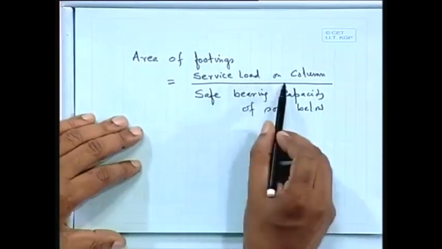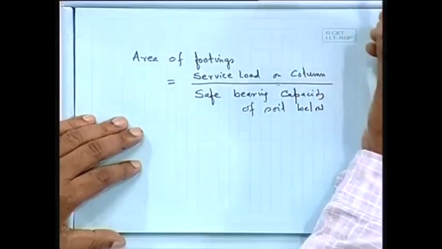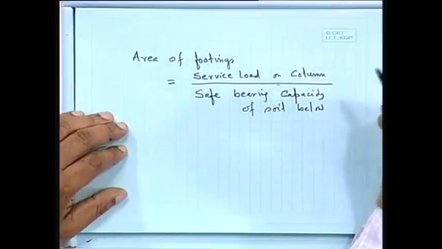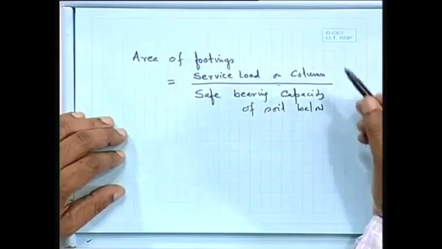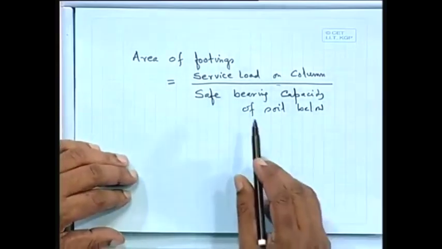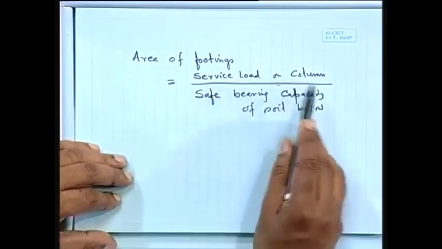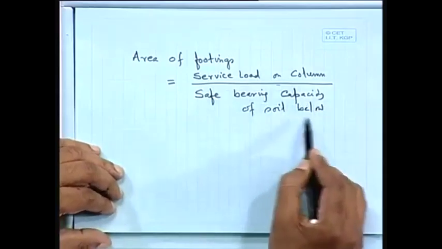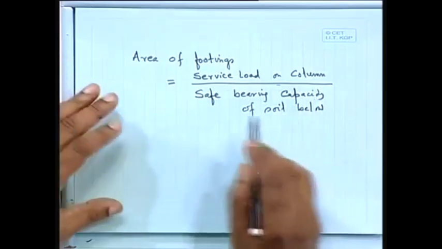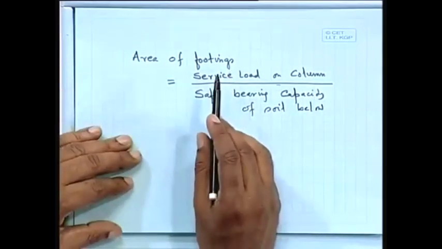If we know the service load, that means after giving the proper multiplication factor, 1.0 in this case, or 0.8 with the live load and wind load, on the basis of that you can get the area of footings.